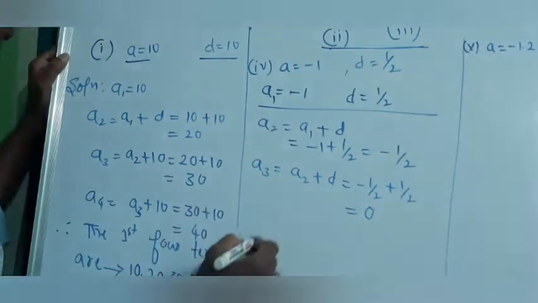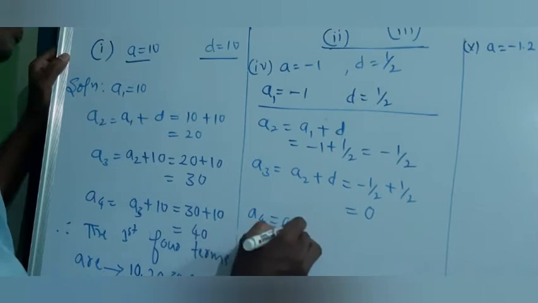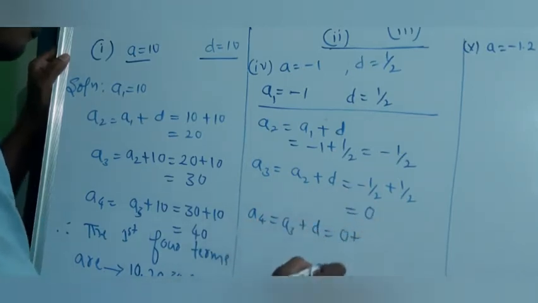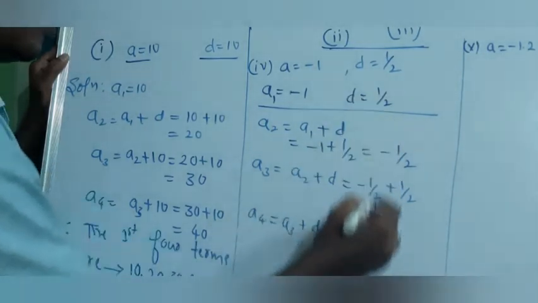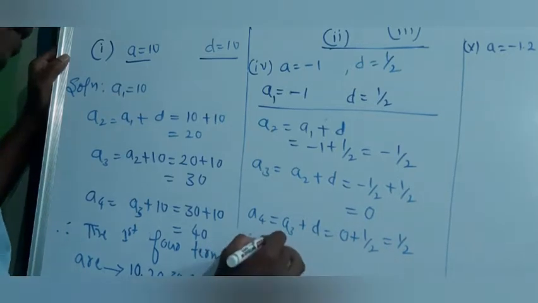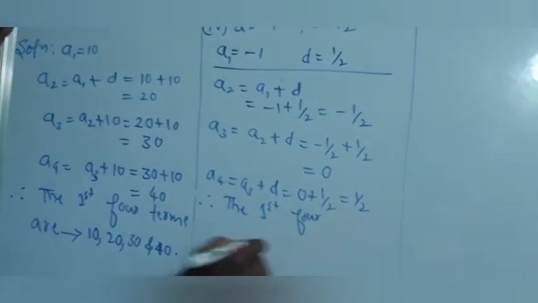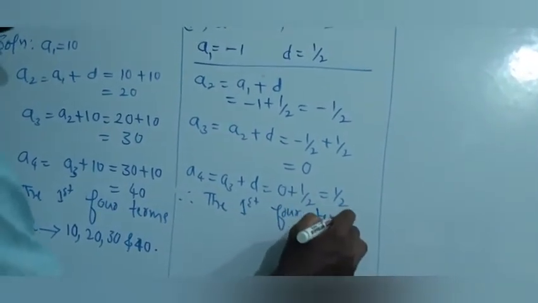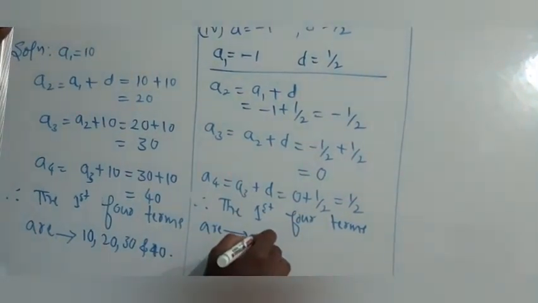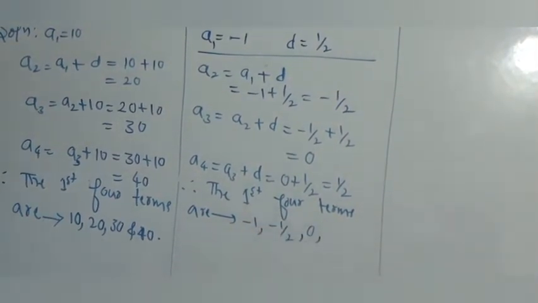Next, A4 is equal to A3 plus D. A3 is 0 plus D, which is 1 by 2. So therefore the first four terms are -1, -1 by 2, 0, 1 by 2.